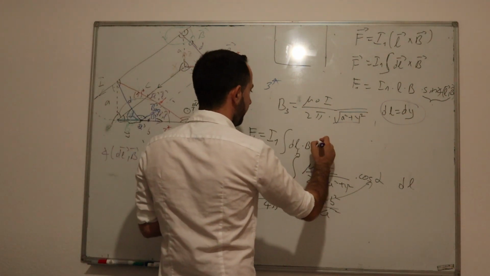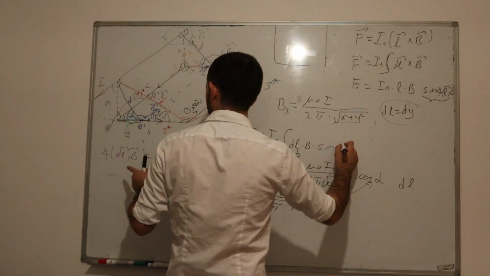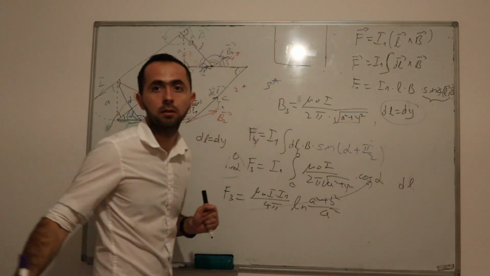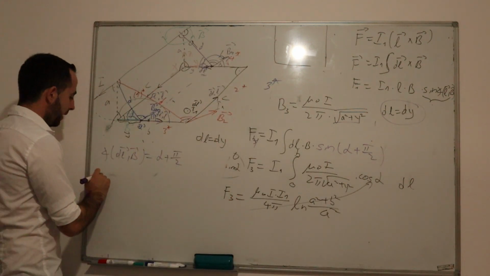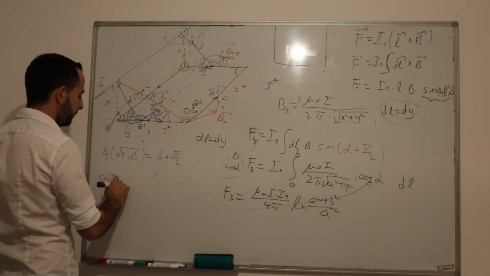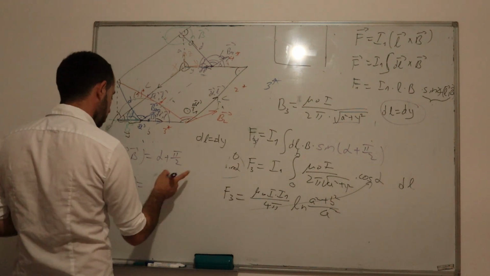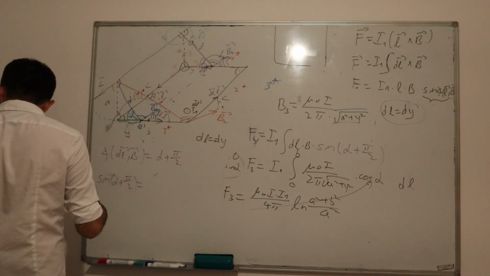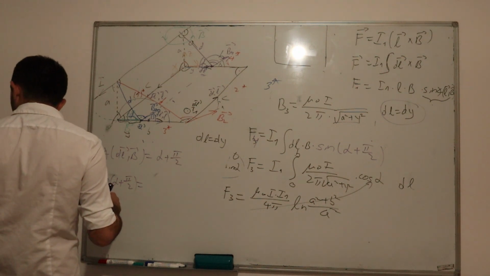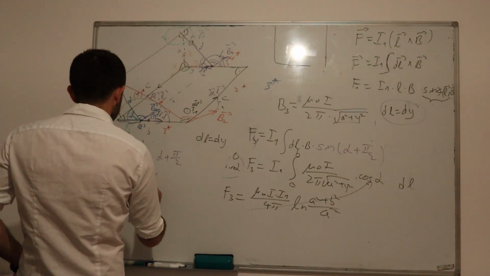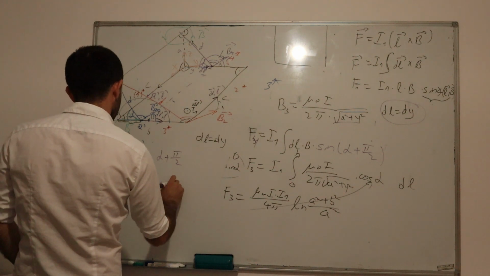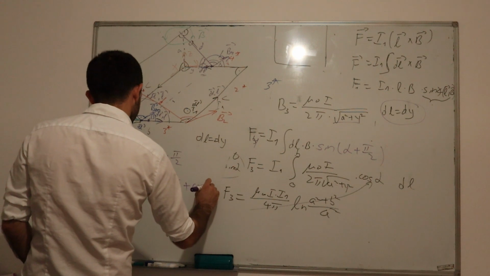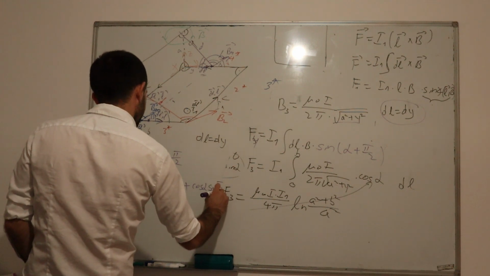F4 has the sine of the angle between these two, which is sine of alpha plus 90 degrees. Once again, using the same trigonometric formula as in the previous video, this is sine alpha cosine pi and a half plus cosine alpha sine pi and a half.